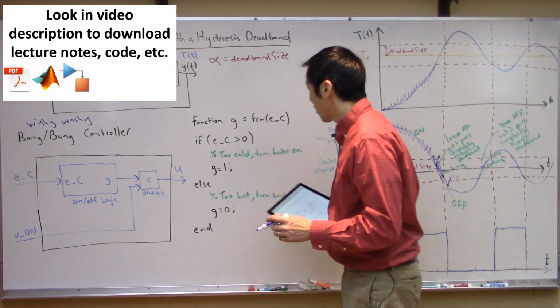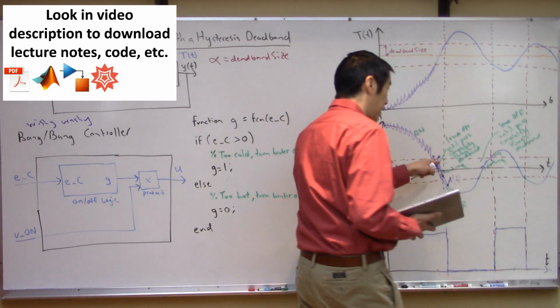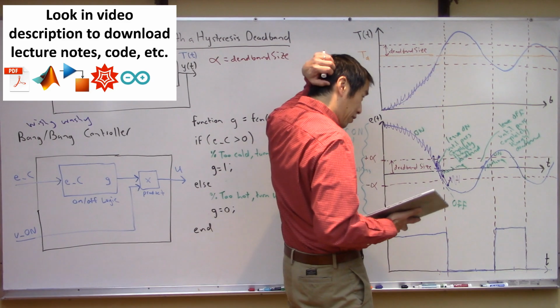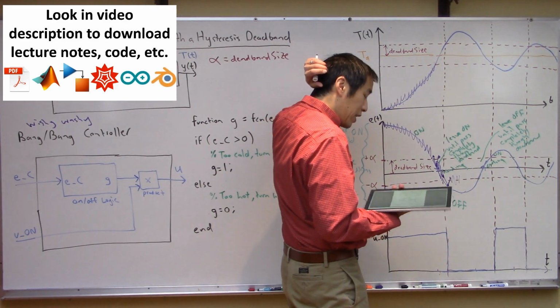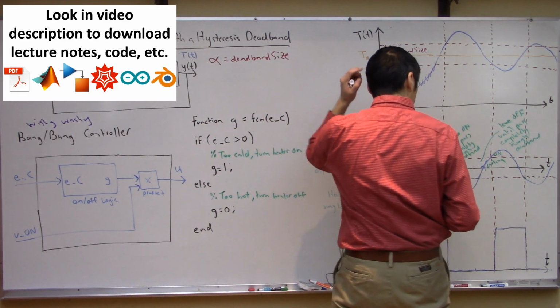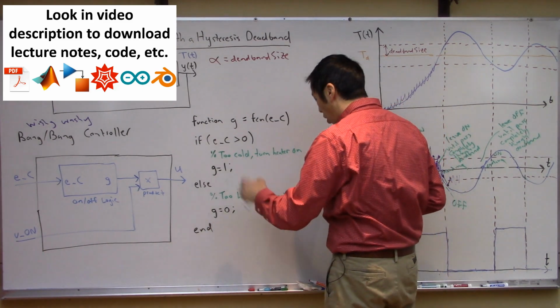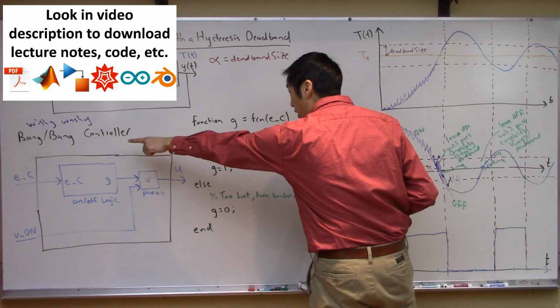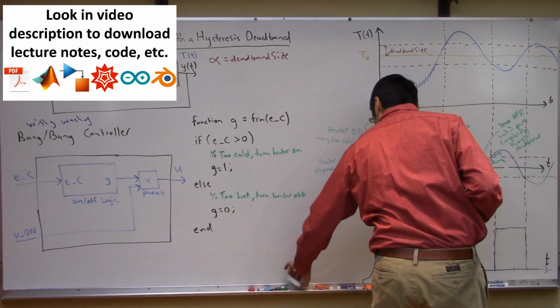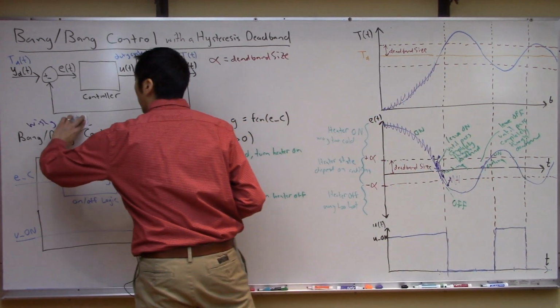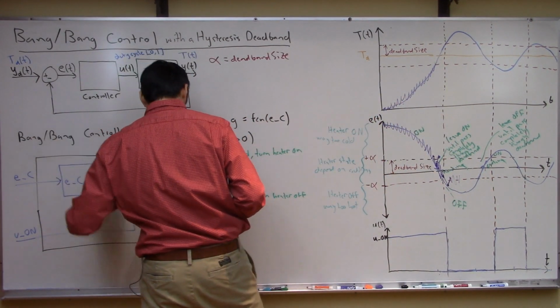So let's think about how we are going to implement this. Again, I apologize, this picture got dirty kind of quickly, but check out the lecture notes. The behavior is pretty simple. All we're going to have to do is come back over here and modify our system. So let's not go with this wishy-washy bang-bang controller.